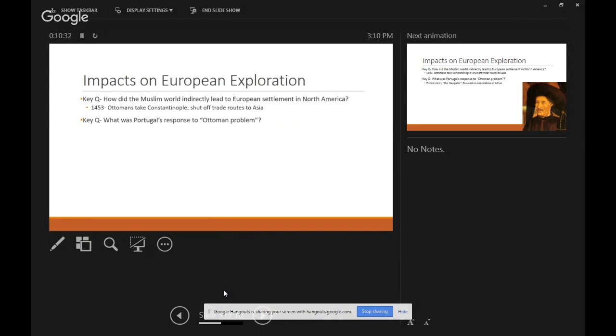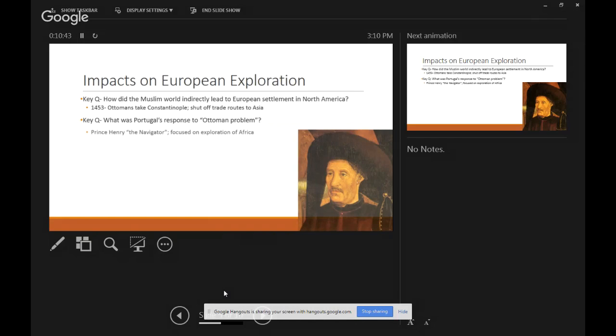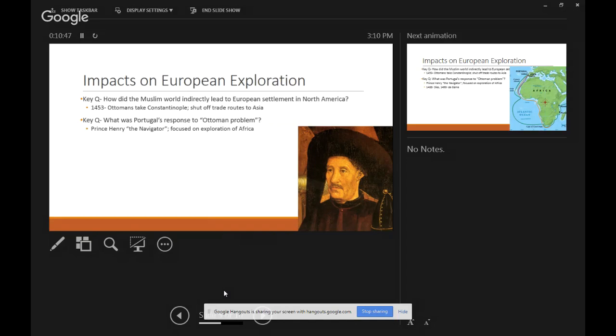The first European country to look for a different way to get there is going to be Portugal. Portugal at this time is ruled by a guy named Henry, a guy that is so committed to exploring the world and sending out ships, committed to finding a different way to India and Asia, that he earns the nickname of Prince Henry the Navigator.